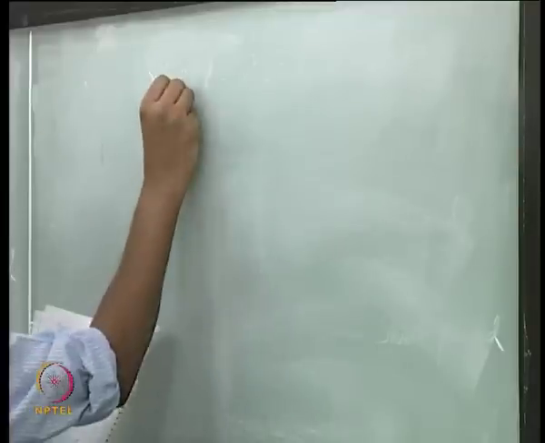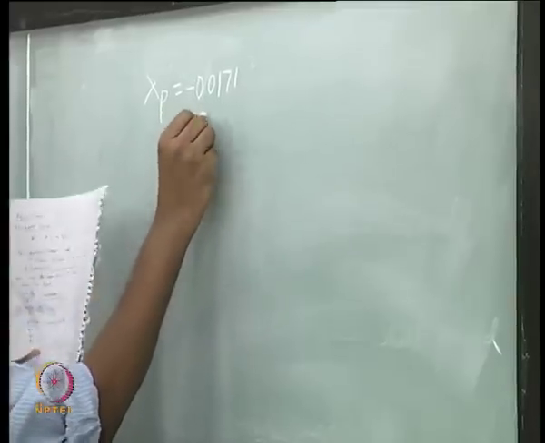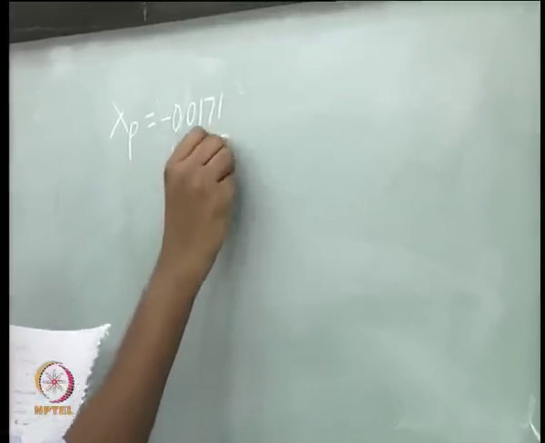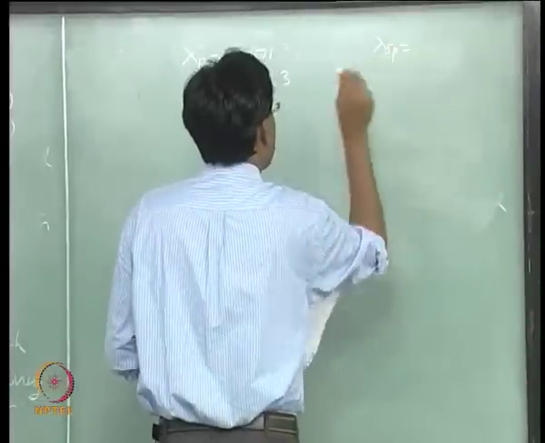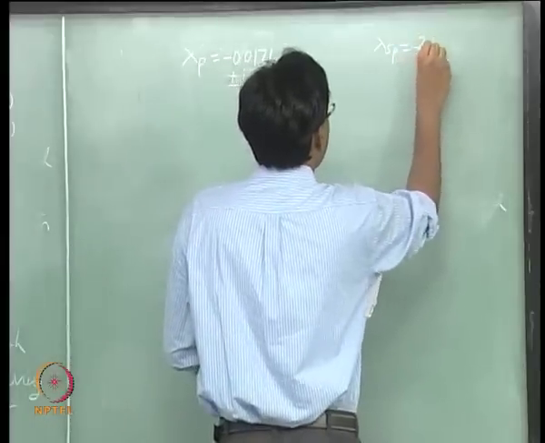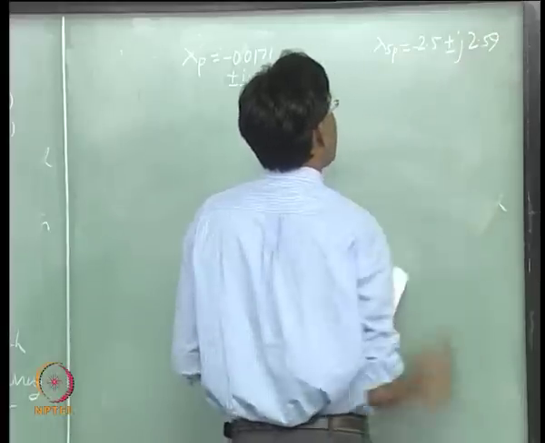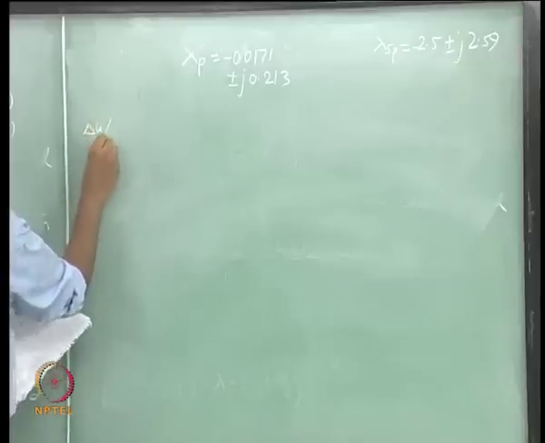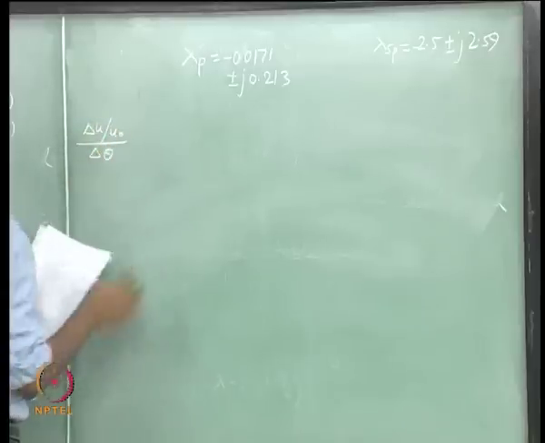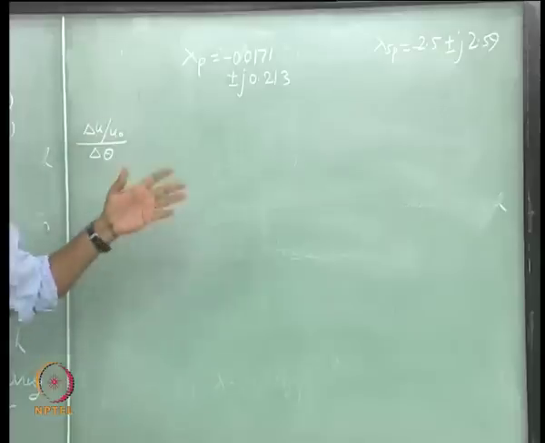Phugoid, short period eigenvalue. What I am doing is I am assuming this delta theta to be 1, okay, and looking at other variables with respect to that, right.